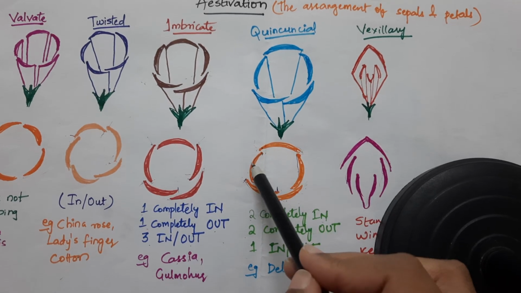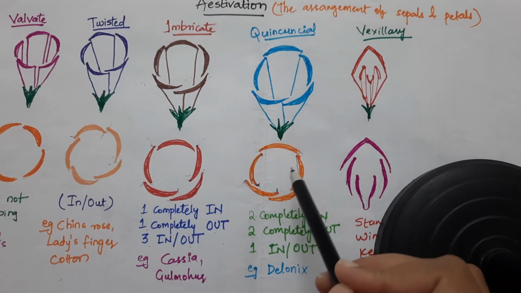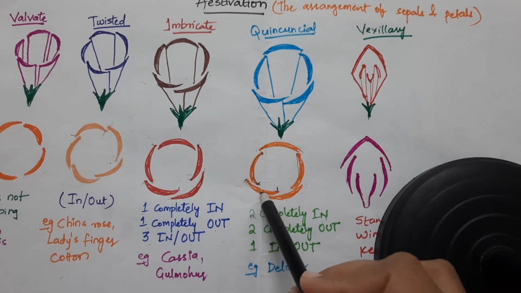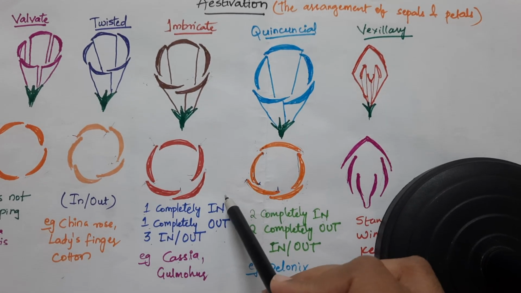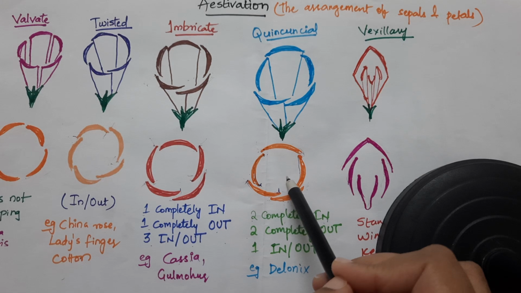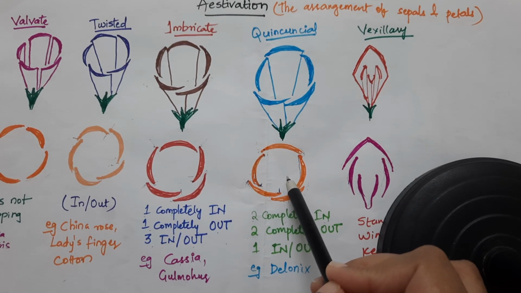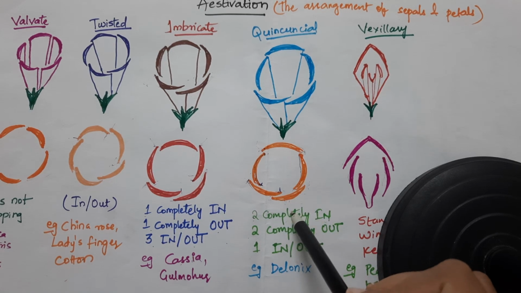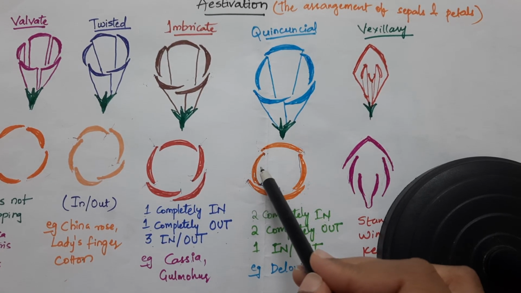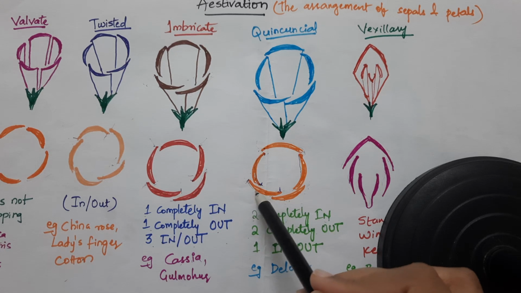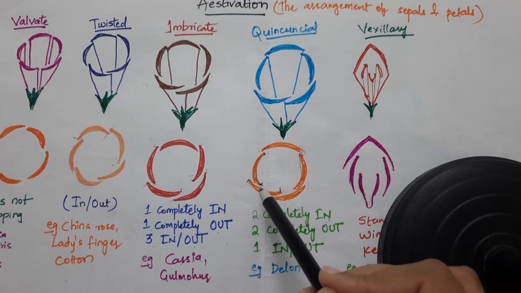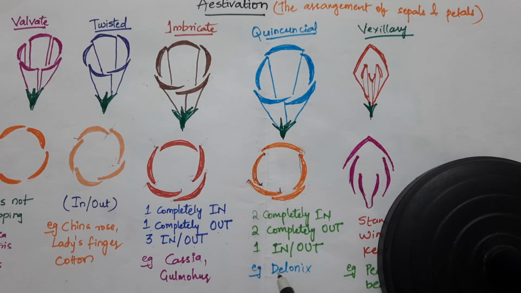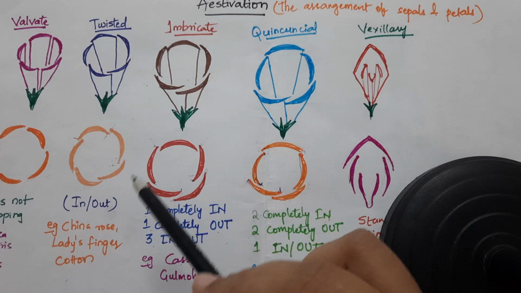So two petals are completely inside. The remaining fifth petal shows one margin towards the outer side and another margin towards the inner side. So the two petals are completely outer, these two are completely inner, and the last one is in and out, meaning one margin is towards the outer side and another towards the inner side. Example for this is Delonix, which shows the quincuncial estivation.